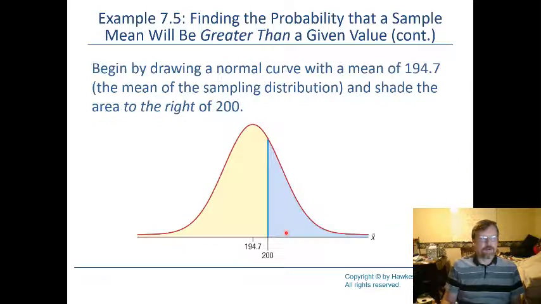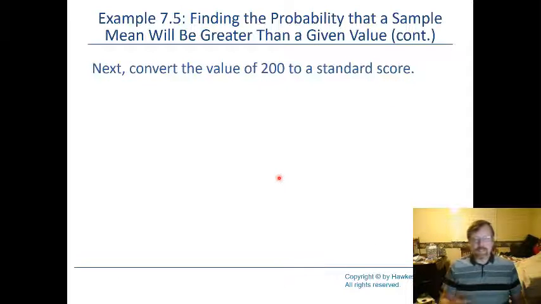Or to draw it out to help keep track of things, there's our standard curve, there's our mean, and this is the sample mean that we are interested in, and we want to know what that area is above 200. Okay, so first step is to convert this to a standard score. We've got a sample size rather than a single point, so we are looking at the sample mean version of the standard score.